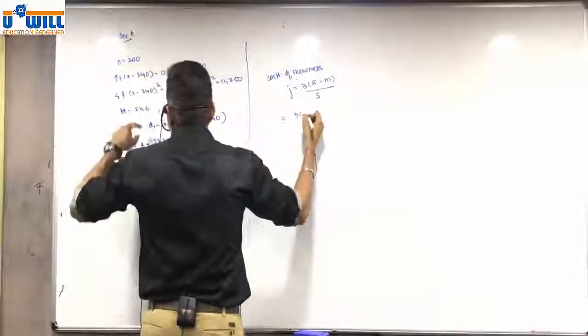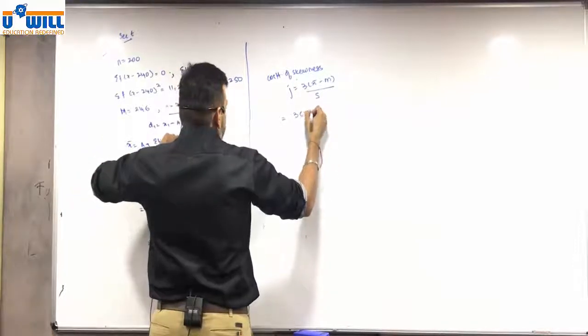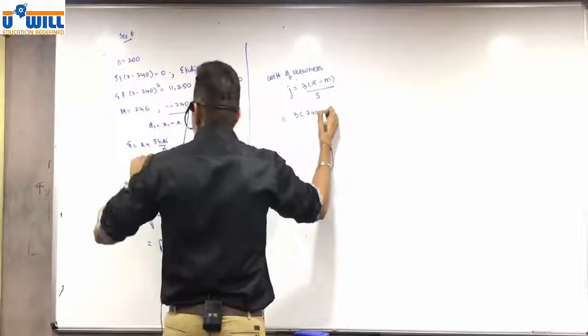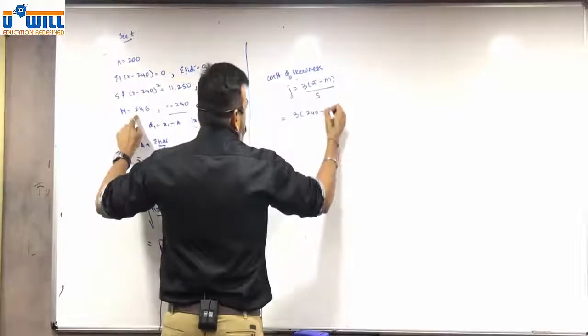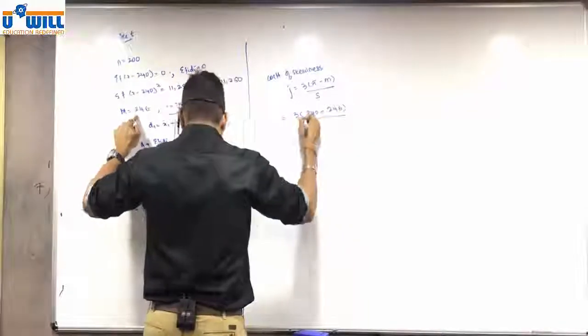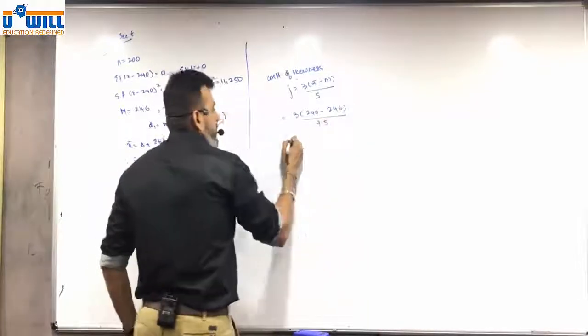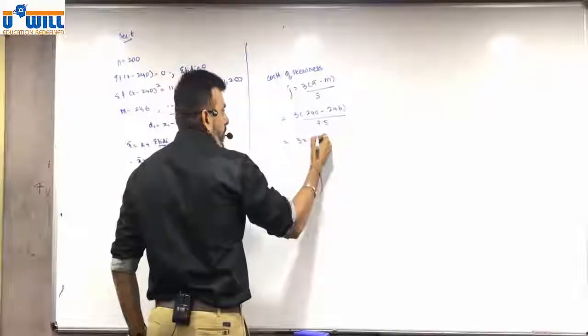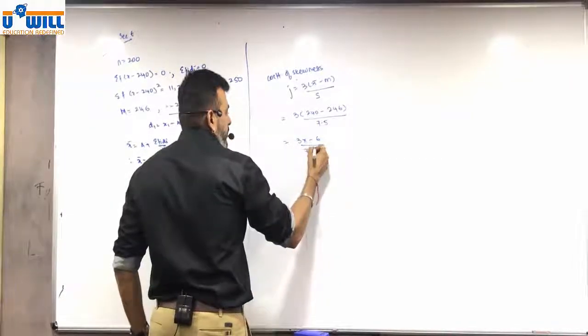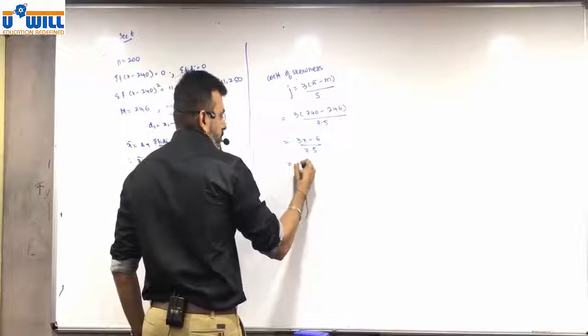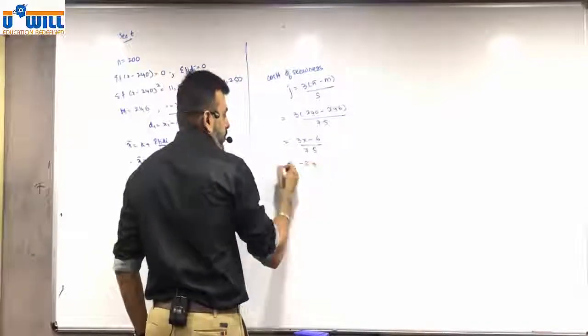So 3 mean कितना आया? 240 minus median 246 upon standard deviation 7.5 is 3 into minus 6 upon 7.5, minus 2.4.